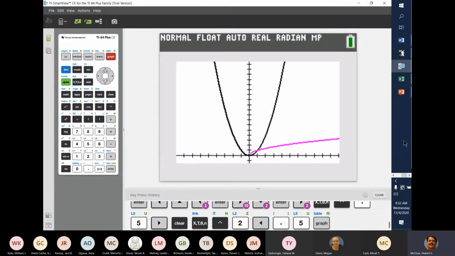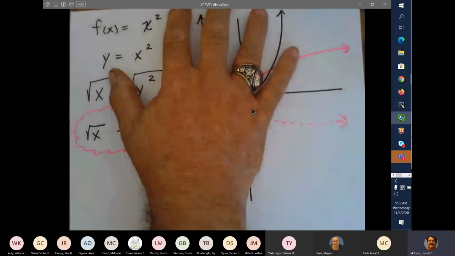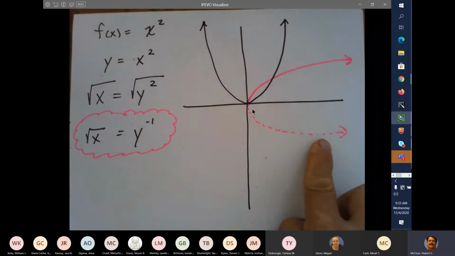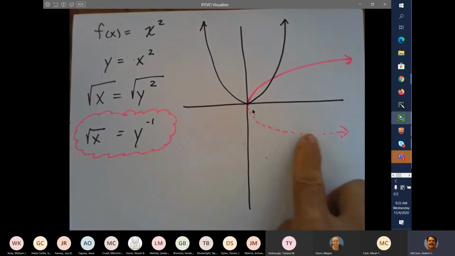And the magenta, now, let me show it to you. Now, the reason I dotted that is because you can't take the square root of a negative number. So that's why this does not exist.